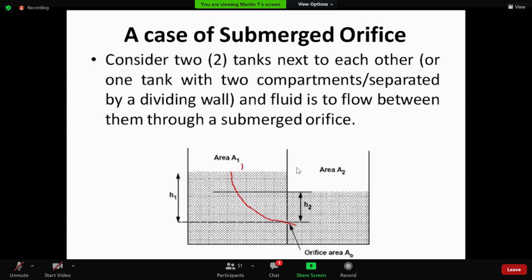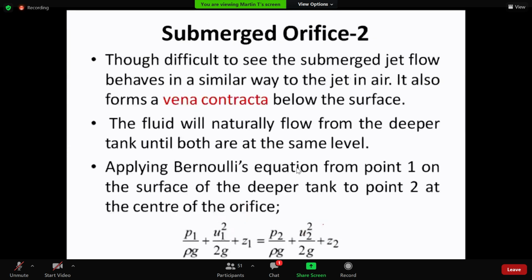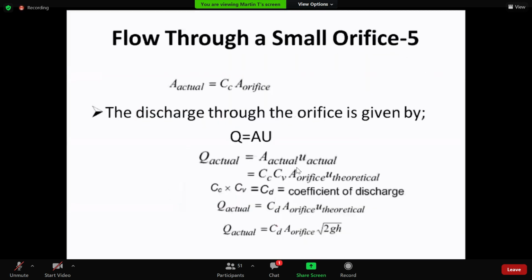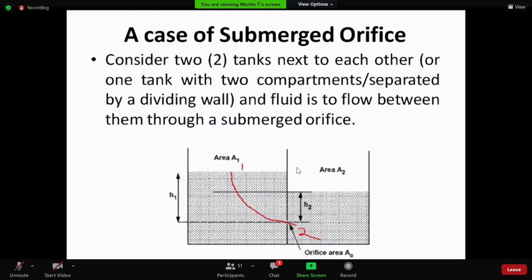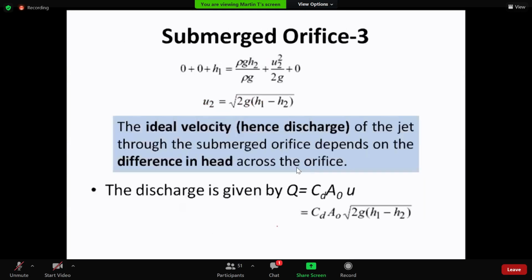If this is 1 and this is 2, then we have P1 over rho G plus U1 squared over 2G plus Z1 is equal to P2 over rho G plus U2 squared over 2G plus Z2. Now, in this case, the first tank is open to the atmosphere. So P1 is equal to what? 0.